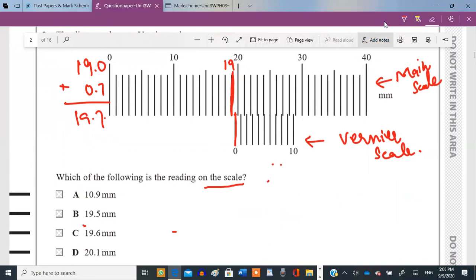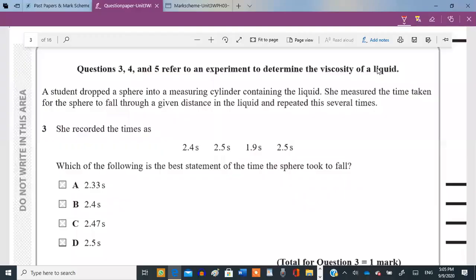It's not C, it's B. 1, 0, 1, 2, 3, 4, 5, 6, then 7, 8, 9, 10. Yeah, this is 6. C is the correct answer actually. Okay, get it? 0.6 actually. Also, the zero error.